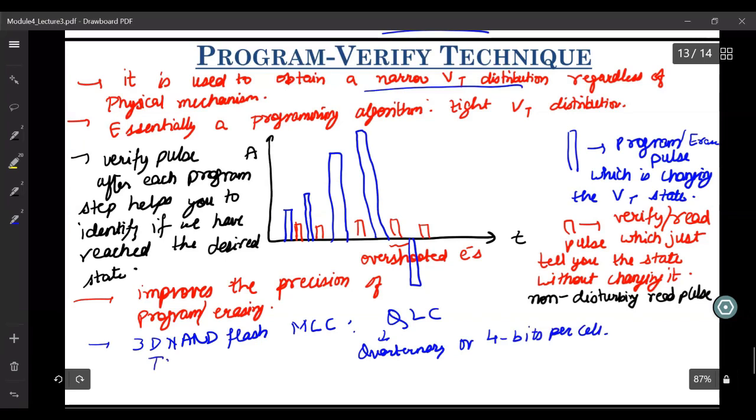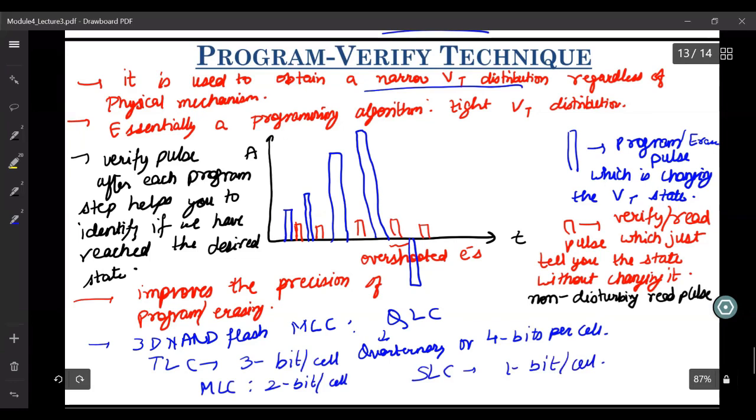There is another term called TLC, which is 3 bits per cell. MLC, in general, people use it for 2 bits per cell. And SLC is single level capability, 1 bit per cell.